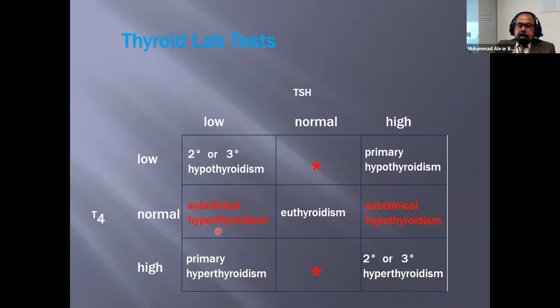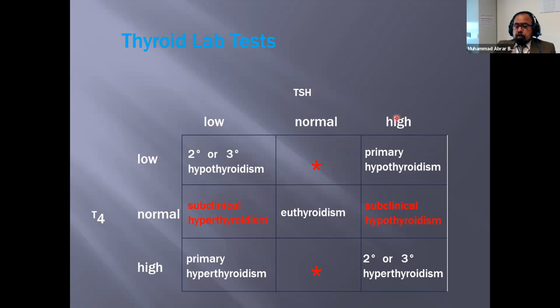syndromes, which are called subclinical hyperthyroidism and subclinical hypothyroidism, in which there is a slight increase in TSH, or a low TSH, but the thyroid is still producing more hormone. They are subclinical; it is not that much high. So these two conditions are subclinical hypothyroidism and subclinical hyperthyroidism.